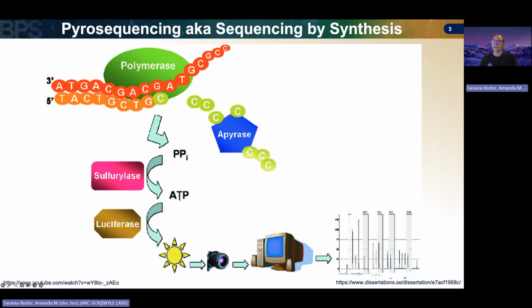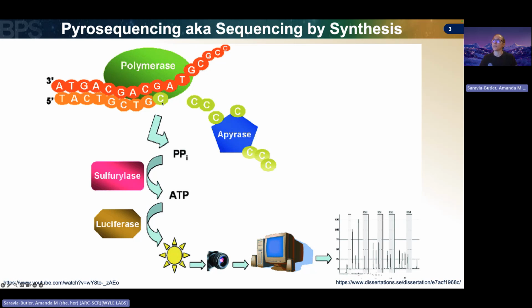This ATP is utilized by the enzyme luciferase to oxidize its substrate luciferin, which is also part of this reaction. When luciferin is oxidized, it will produce a light signal, and that was actually hijacked from fireflies. Once that light signal is produced, we're going to take a picture of it.